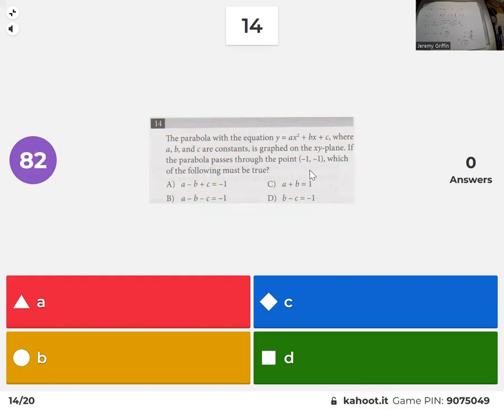If the parabola passes through the point negative 1, negative 1, which of the following must be true? So you guys just plug in the coordinate, right?